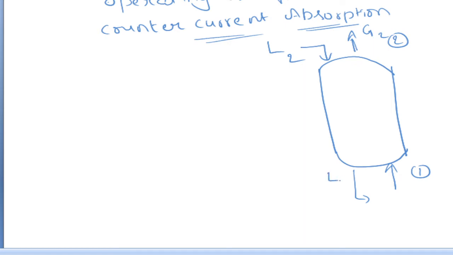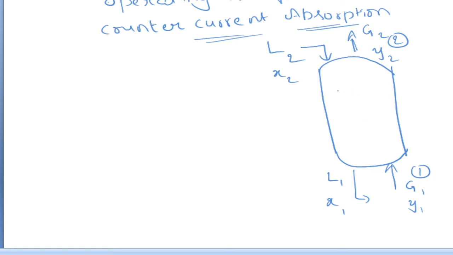And similarly here the liquid stream can be denoted as L1 and the gas stream as G1. The liquid composition can be denoted in terms of mole fraction as X2, and the composition of the gas stream as Y2, and similarly here X1, Y1.